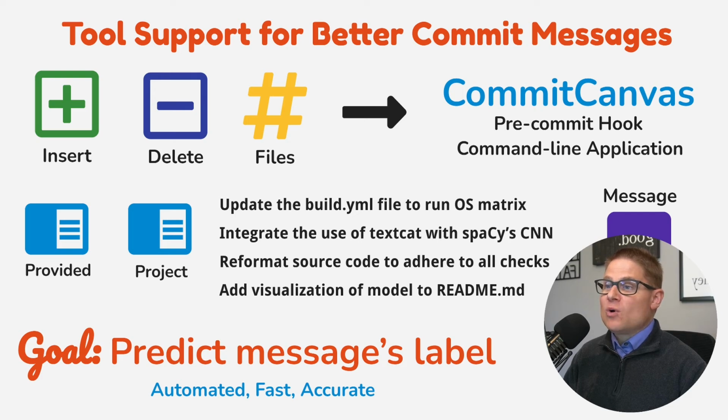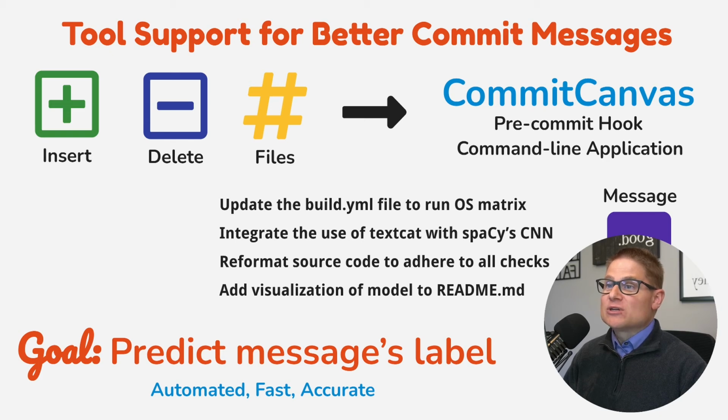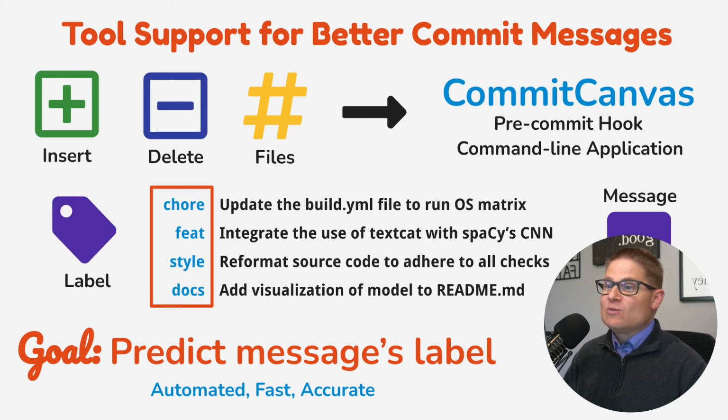However, if you don't want to use the provided machine learning model, you can create your own project-specific model that uses our features. If you were to run the CommitCanvas tool on the commit messages that you see on the screen, it would be able to automatically, quickly, and accurately predict the following labels for these commits.